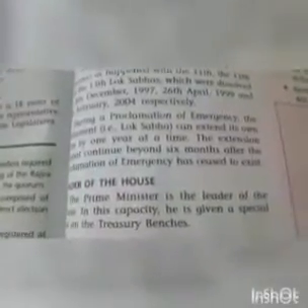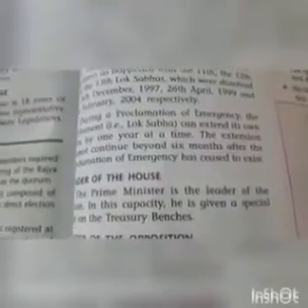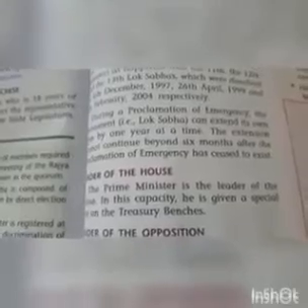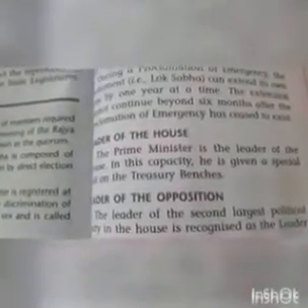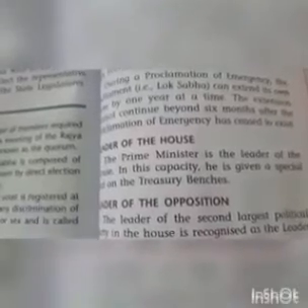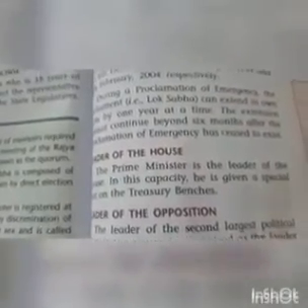They come to know what is wrong, what is right, and what they have done or haven't done. So the leader of opposition enjoys equal status and the facilities enjoyed by a cabinet minister.